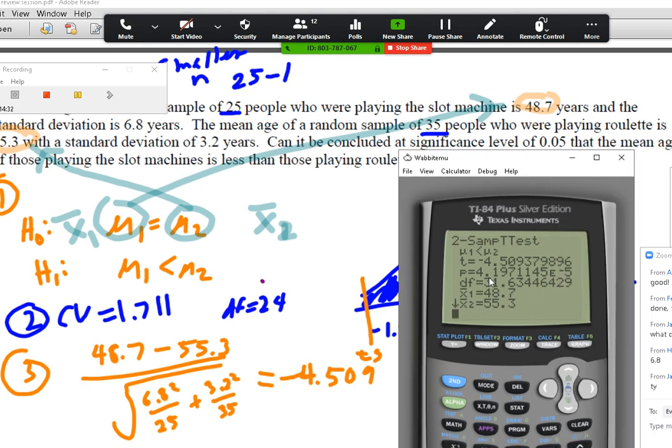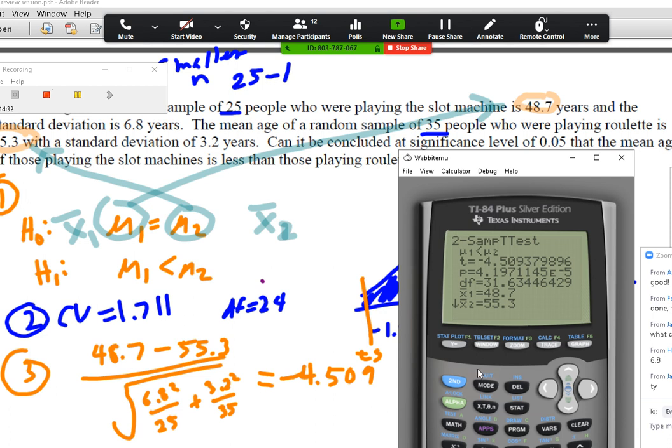It also gives me a p-value. See, this p-value is 4.197. That does not mean my p-value is 4.197. That would be 419%, which is totally impossible. Whenever you have a number here larger than 1, you darn well better have an e negative something over here. What that means is you're going to have 5 zeros, and then the 4197, and the decimal place goes after the first 0.